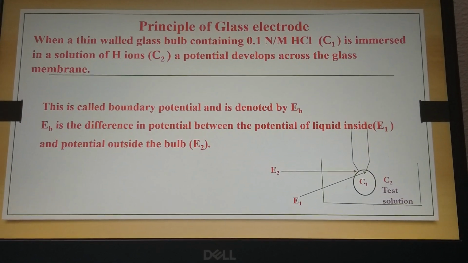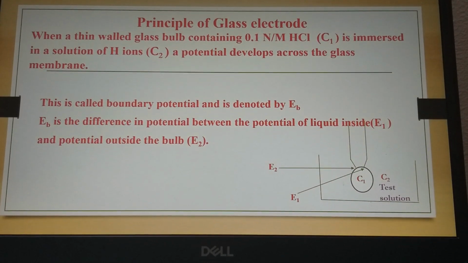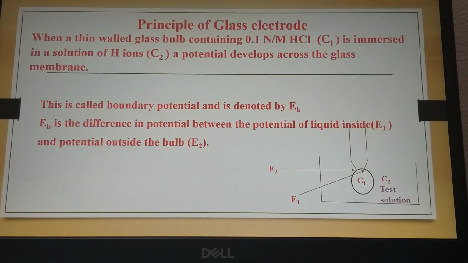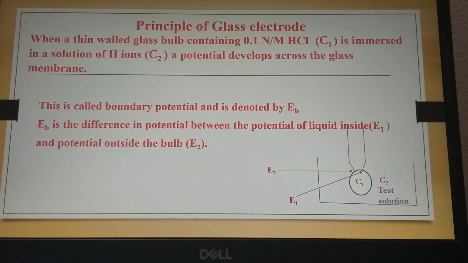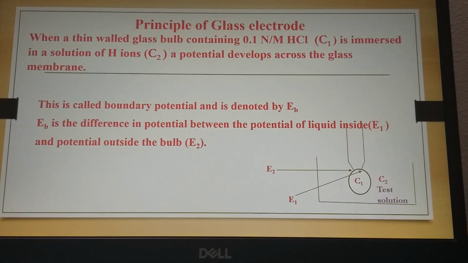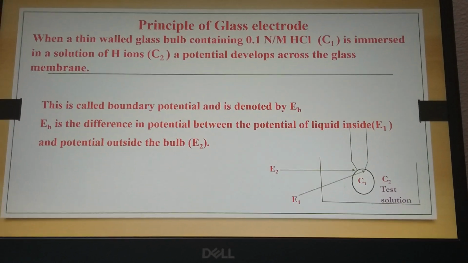The boundary potential E_b can be written mathematically as the difference between the potential outside the membrane and inside the bulb, that is, E2 minus E1.